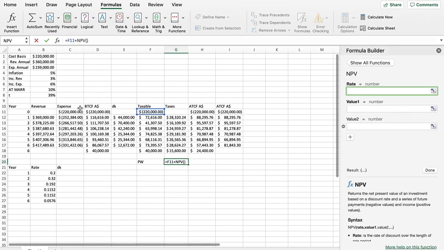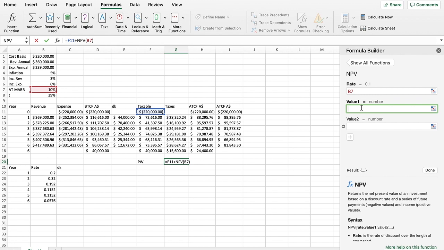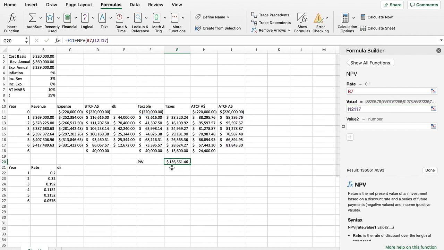Your rate is going to be your 10%, the after-tax MARR, and then the values are going to be right here, including the combined amount at the end of year 6, the 81,000. Just hit enter.